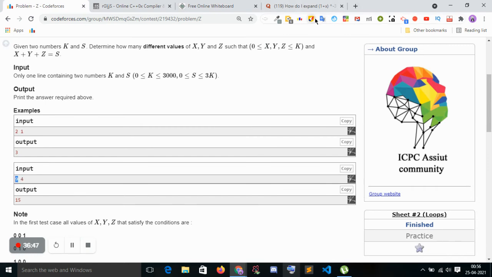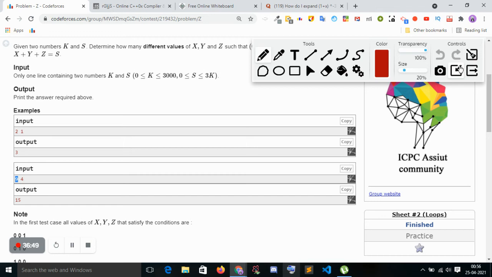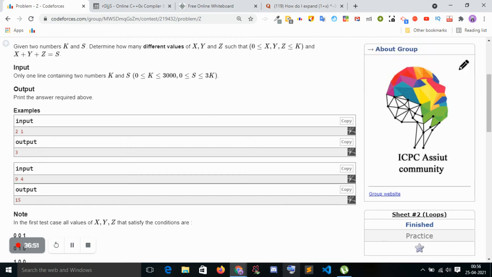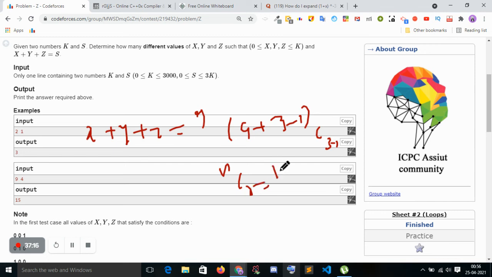Using this formula, which we have proved in class 11, x plus y plus z equal to 9. So we know 9 plus 3 minus 1 C 3 minus 1, r minus 1. Actually we know that nCr equals nC(n minus r).